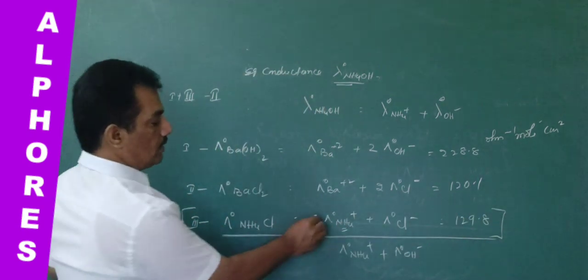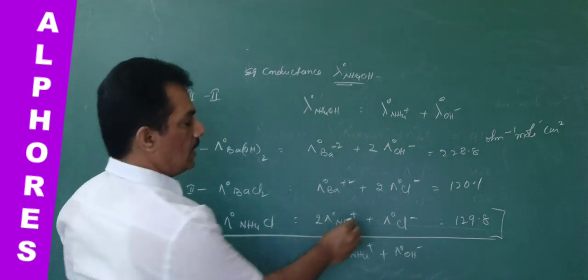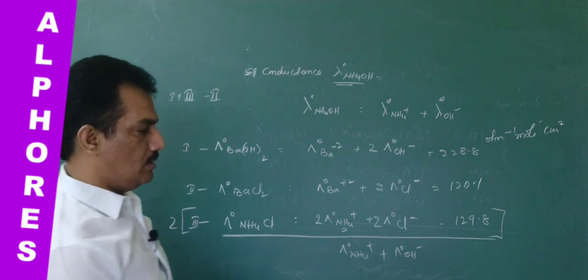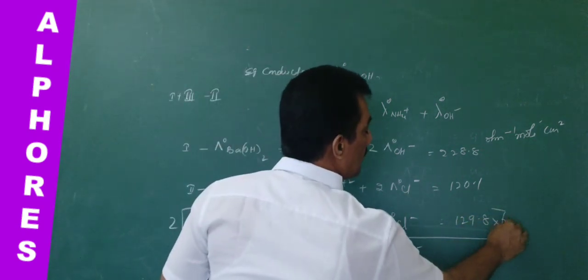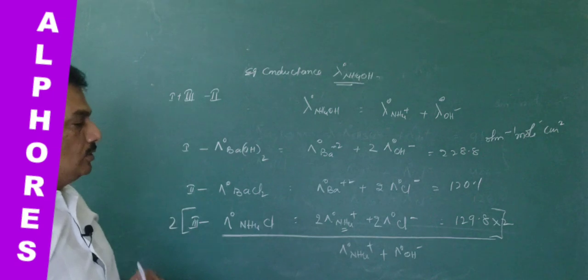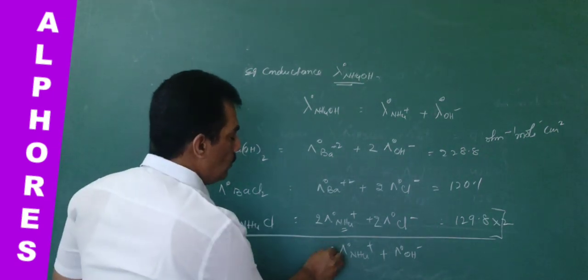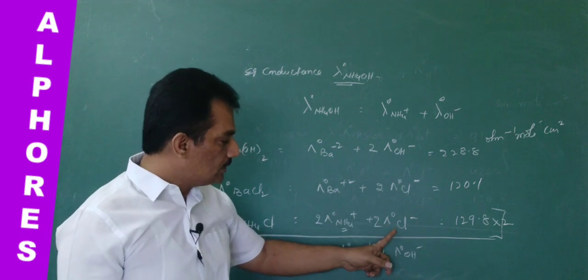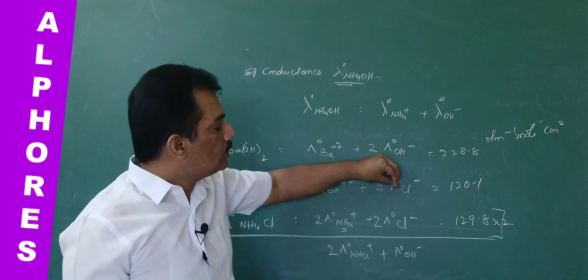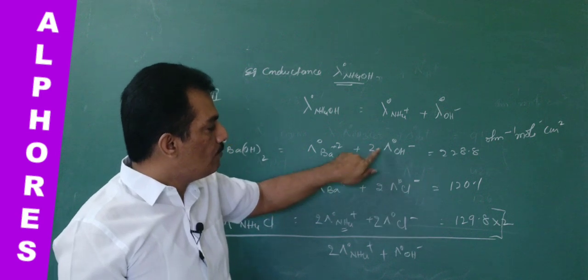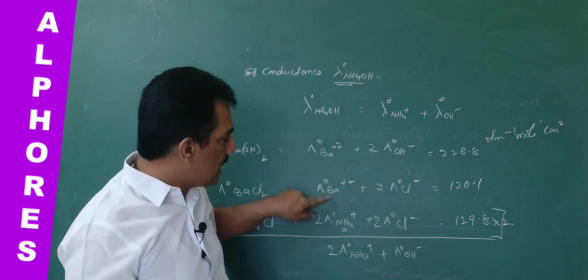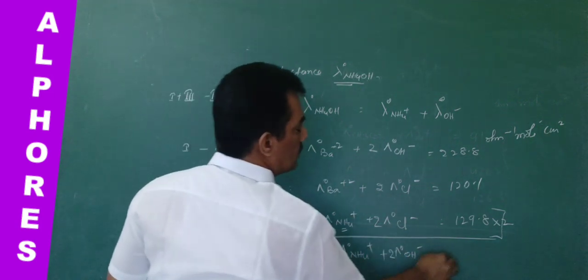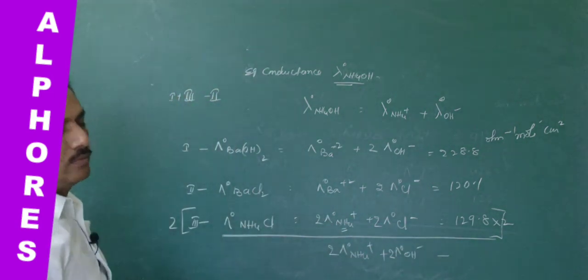and thereby you will get 2NH4 plus and 2 chloride ion conductances. This value should also be multiplied. So now you are getting 2NH4 plus and 2 chloride ions, which are supposed to be cancelled with this one, and from this, after barium is cancelled, here also we are getting 2 OH minus ions conductance. Are you clear?